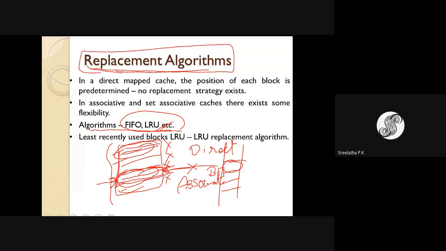The operating system could directly select any block, but it might be being used very frequently. Such blocks are there, and hence these algorithms exist. Any one of the algorithms will be implemented in the operating system when it is built. So that is about the replacement algorithm.